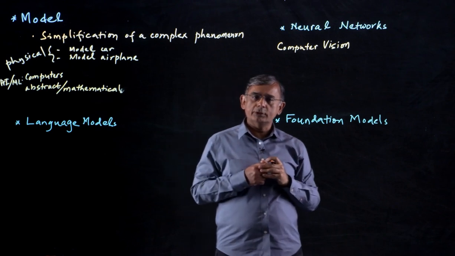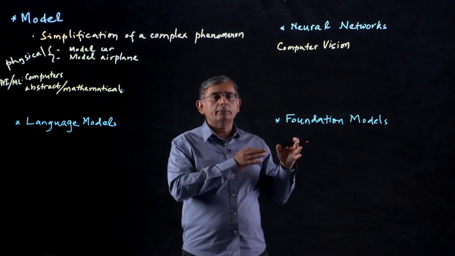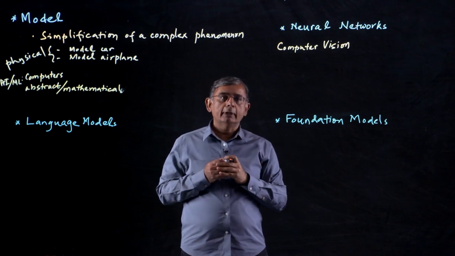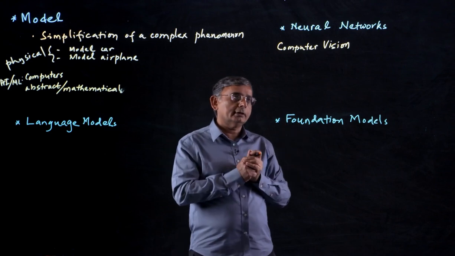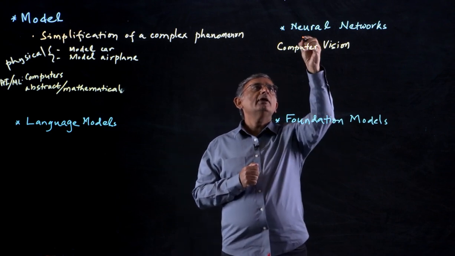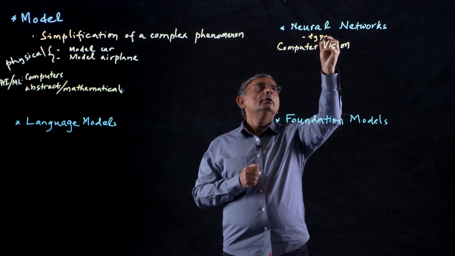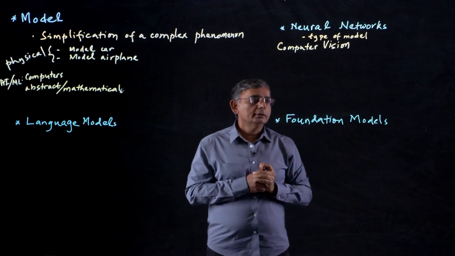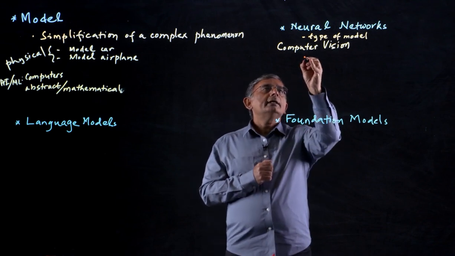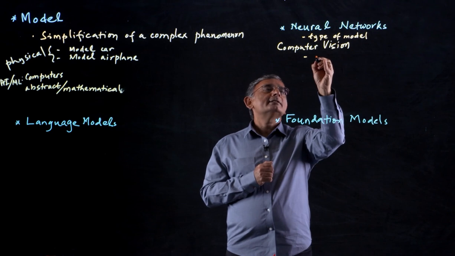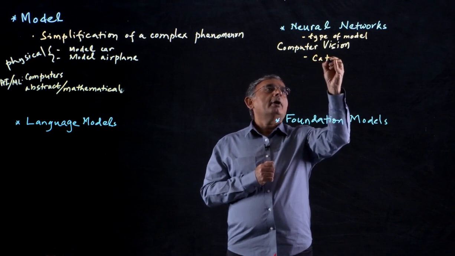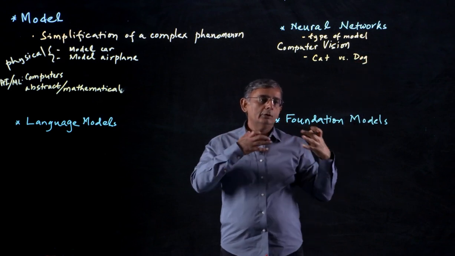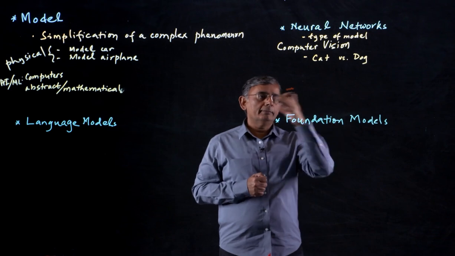You might have heard these words in different contexts: deep neural network, artificial neural network, convolutional neural network, recurrent neural network. These are all different terms that get used. So think of these as a type of model that is used in computer vision. And basically what we are trying to do, for example, is, let's say, tell apart a cat versus a dog. You give it an image, and the neural network model is able to help determine if it's a cat or a dog.